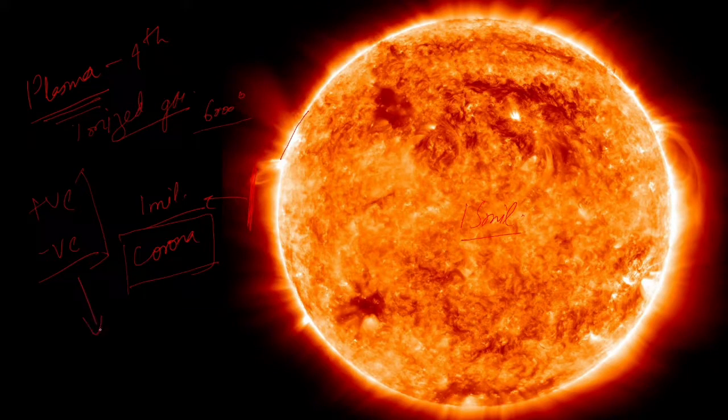That means the charges are moving. You must have read in your class 10th physics, or even if you haven't, just know that moving charge always creates a magnetic field. So this plasma which is moving inside the sun and on the surface in the corona causes a magnetic field.